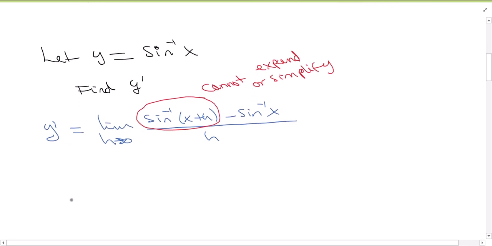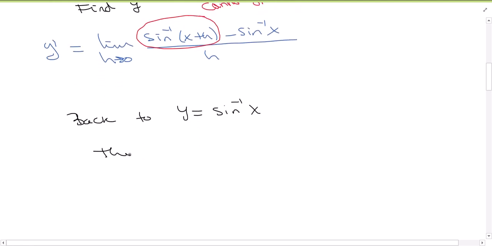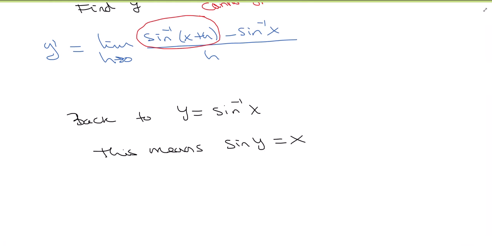So I'm going to find the derivative implicitly. So going back to y equals sine inverse of x, what does this mean? This means that sine of y is equal to x. Does that make sense? So think about what this means.